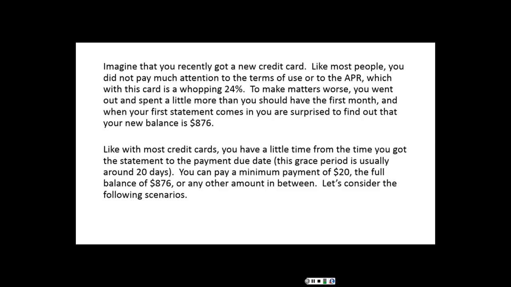So we're going to do each of these things. Option one is we're going to pay the whole balance in full. Now, most of the time you can't do that, but this is just to give us a place to start from. So if the balance is $876 and we pay the entire $876, then our remaining balance is zero.